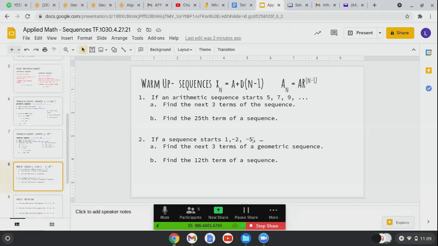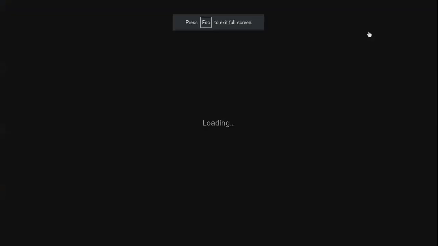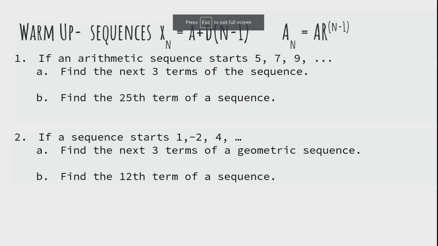It wouldn't have been geometric, but I'm going to change it so that it is. Okay. All right, that's better. Yeah. All right, so let's see. And ladies and gents, remember, this only works if you participate. It's the only way this works.